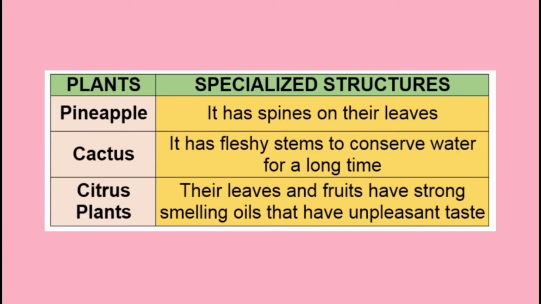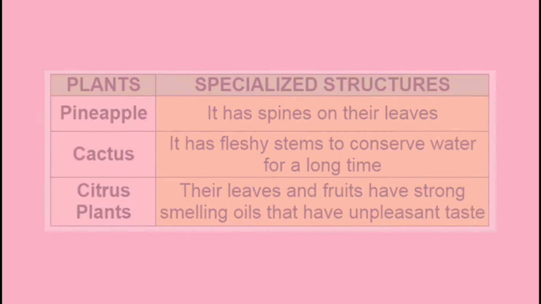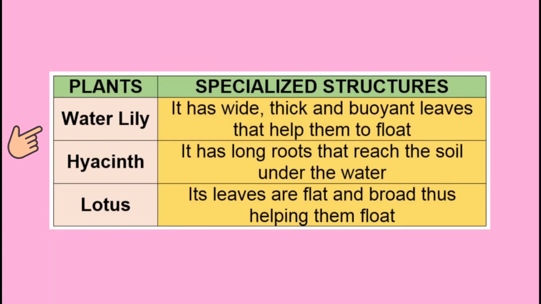Their leaves and fruits have strong smelling oils that have unpleasant taste. Water lily. It has wide, thick, and buoyant leaves that help them to float. Hyacinth. It has long roots that reach the soil under the water. Lotus. Its leaves are flat and broad, thus helping them float.